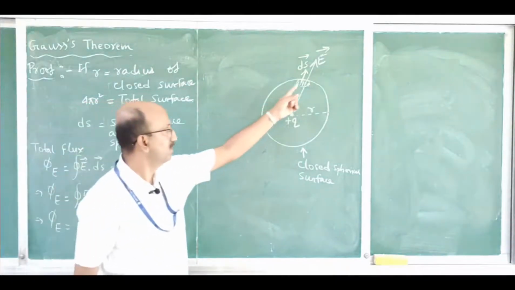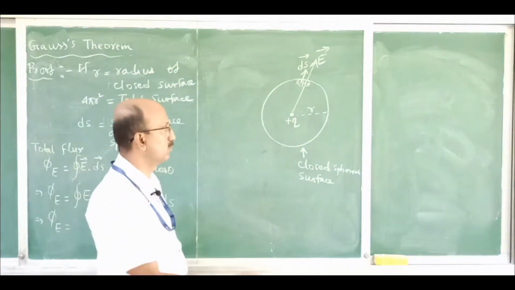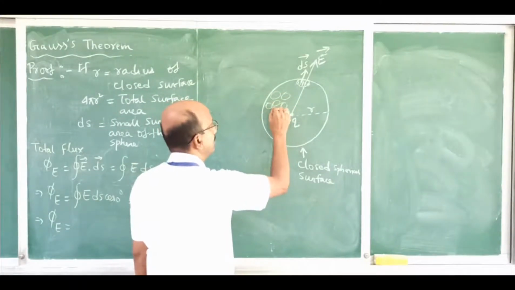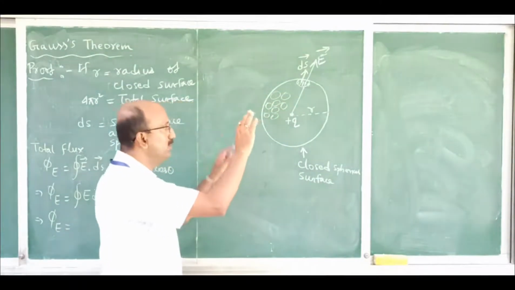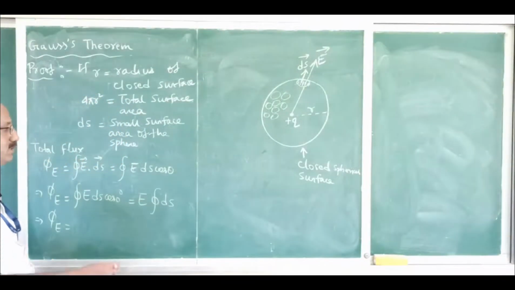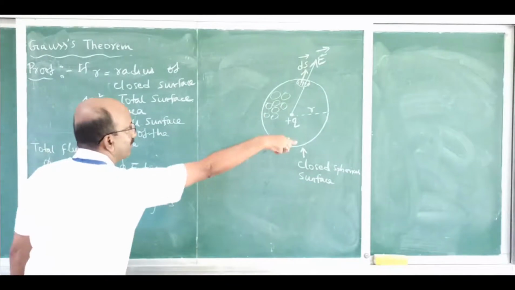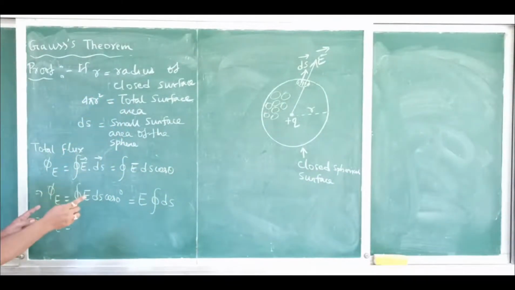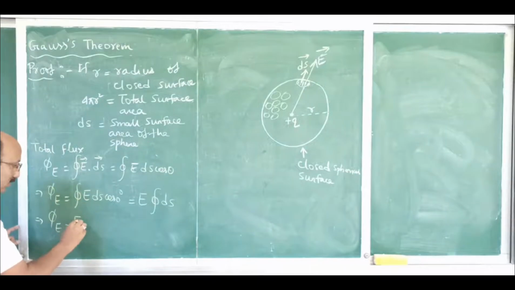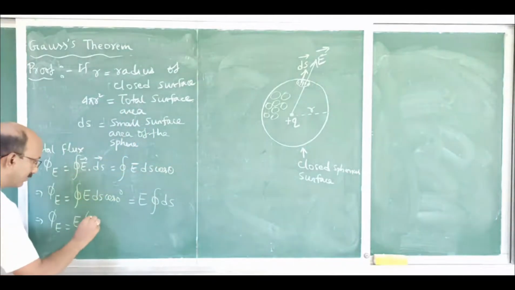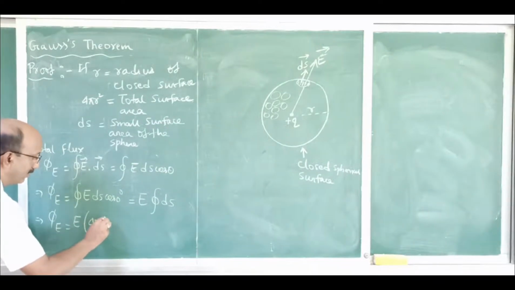All the small ds portions you have to add, that means integration. So if you join all these small ds parts, you get the total surface area. So integration of ds will give you the total surface area. What is the total surface area of this spherical object? It is 4 pi r square.